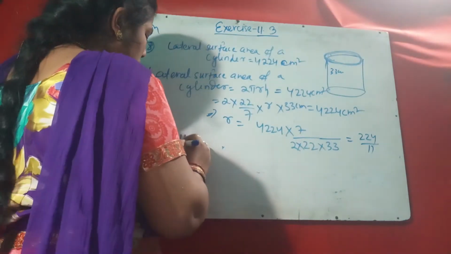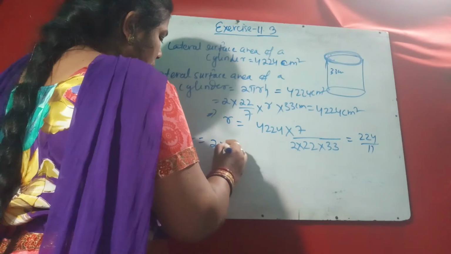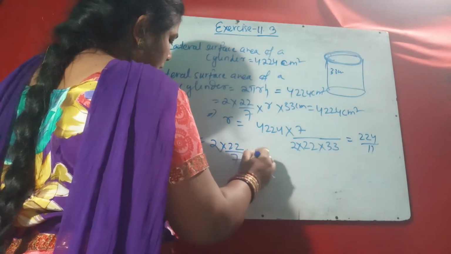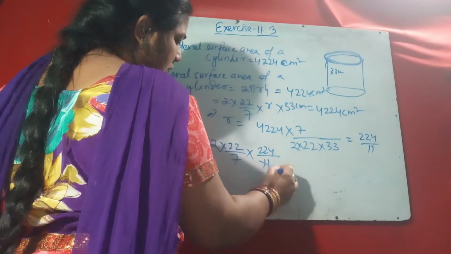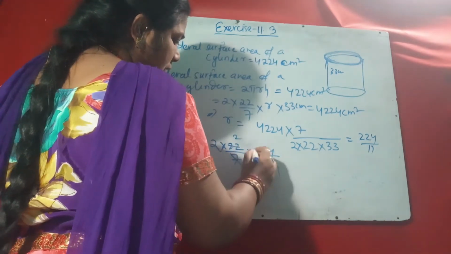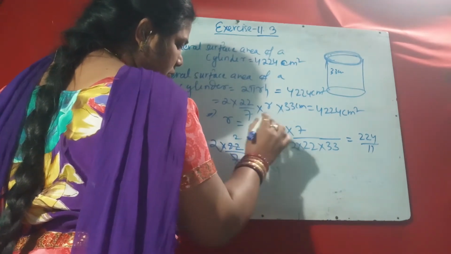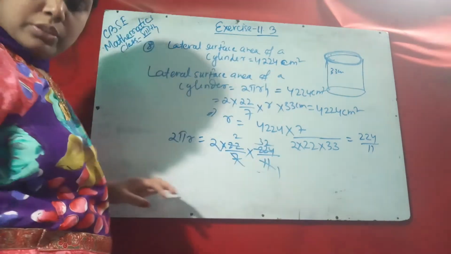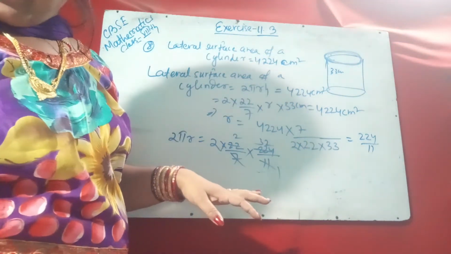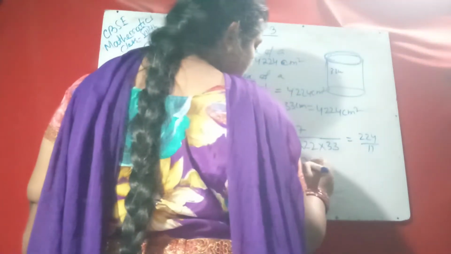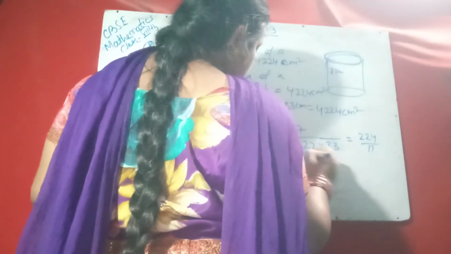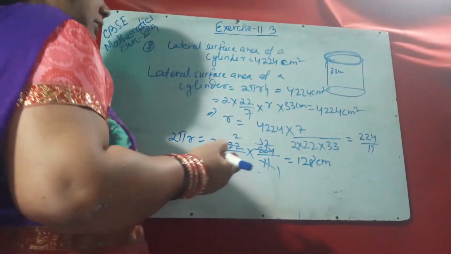So 2 pi r equals 2 into 22 by 7 into 224 by 11. Cancelling, 11 ones are 11, 11 twos are 22, 7 threes are 21, 7 twos are 14. So you get the answer 2 into 64, that is 128 centimeters. So the length is 128 centimeter.